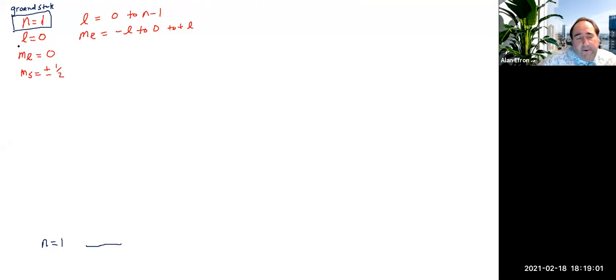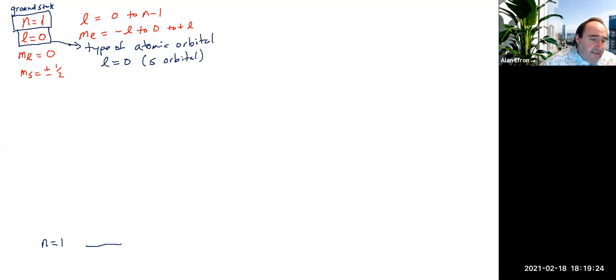Now, if you remember, L, which is the angular quantum number, tells you the type of atomic orbital that's present. And when L is equal to 0, that represents an s orbital. There are no other numbers there.